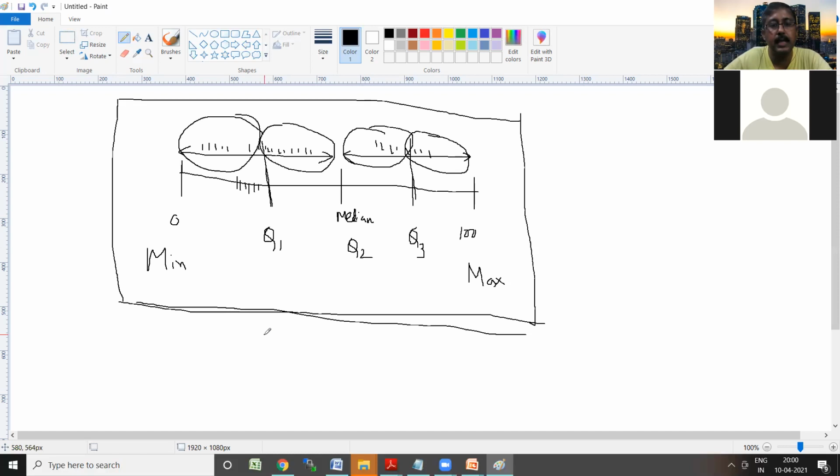One of the very important graphical plots that we are going to look at is the box plot, a very important plot which uses the concept of quartiles to find out the plot of the data corresponding to the whole set of data. So the value of each observation corresponding to the whole set of observations we are going to look at in the next session. So I'm going to pause.